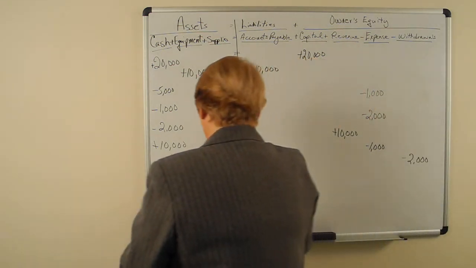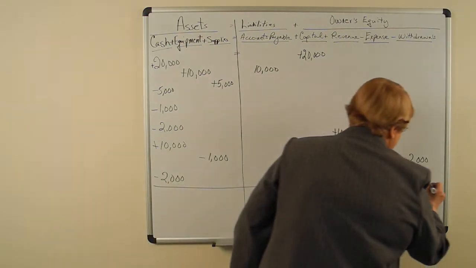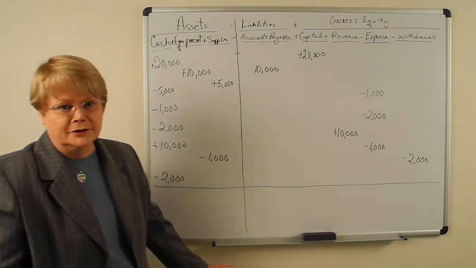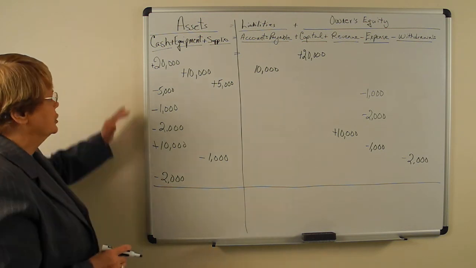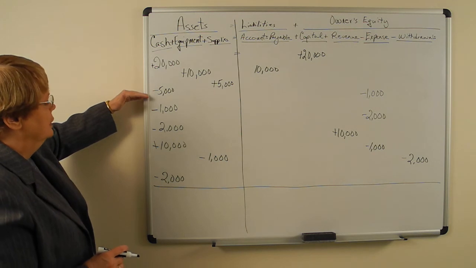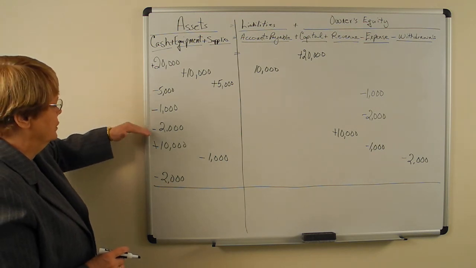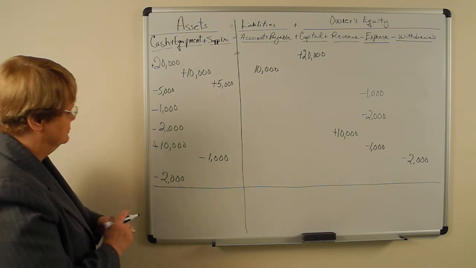Alright. Now, what I'm going to do is see if we can come up with some totals here. And I'm not real good at drawing straight lines, so just know that. Let's see how much we have in cash. We got 20 plus 10, that's 30, minus 5, that's 25, 24, 22, 21, 19 in cash.